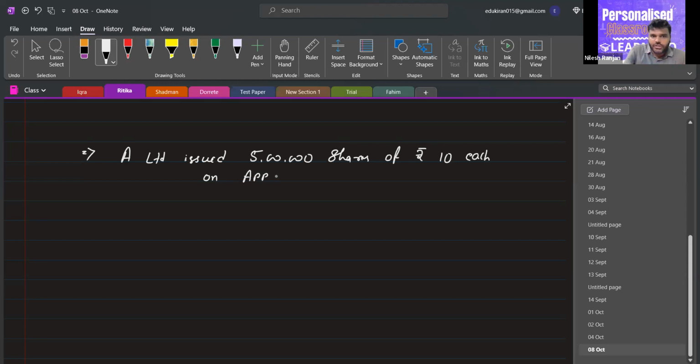On application, it is 2. On allotment, it is 5, including premium of rupees 2, and the balance on first call.